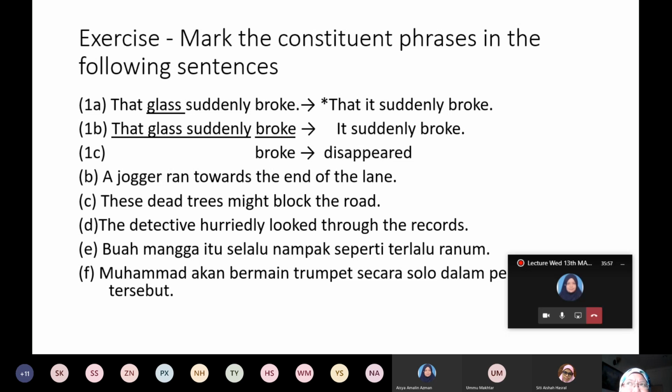Without the verb, it's hard to have a sentence. It would be like a Tarzan and Jane kind of sentence, like I hungry, you pretty, we go up. So the verb is a very important element that has to be in the sentence. So ran, of course, has to be there. In the preposition towards the end of the lane, is there any other inner constituent? Siti Aisyah?